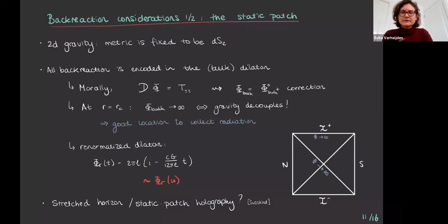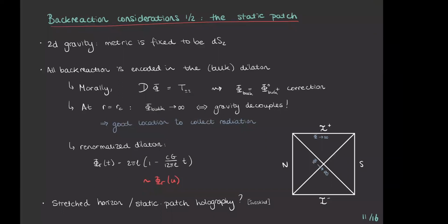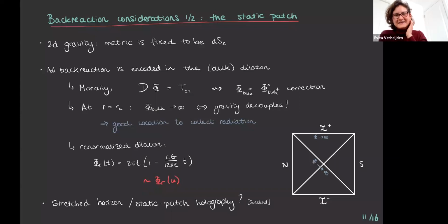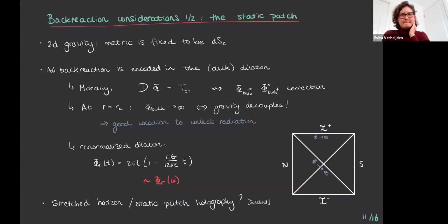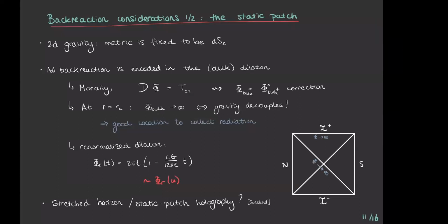So you start from scri plus for this dilaton, and as you approach this future horizon, your dilaton diverges. Correct. And then we say that beyond that point, you have to think of the gravity as weakly coupled.